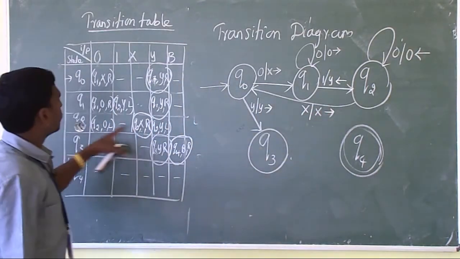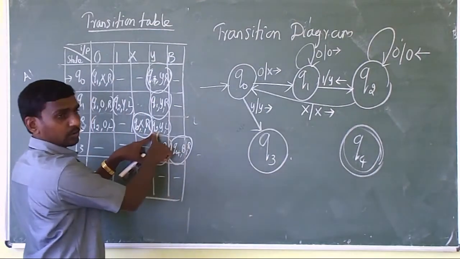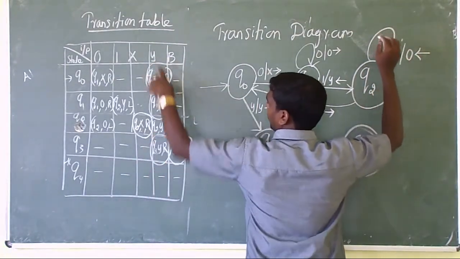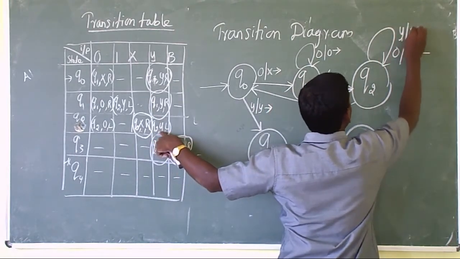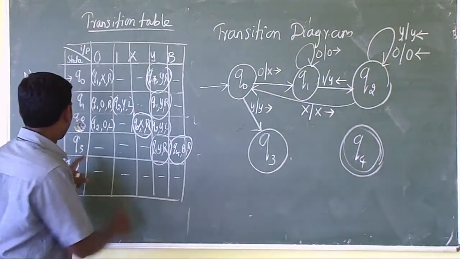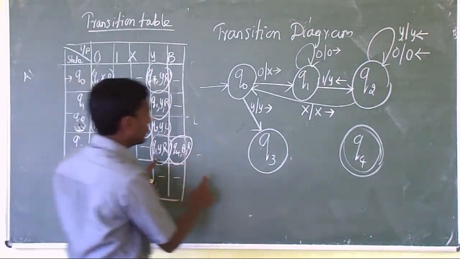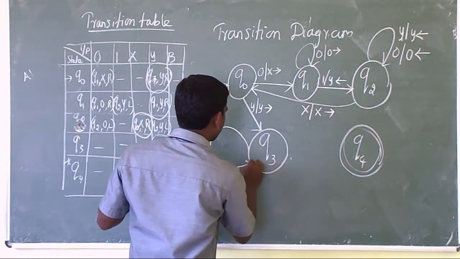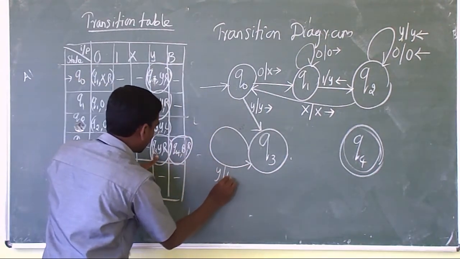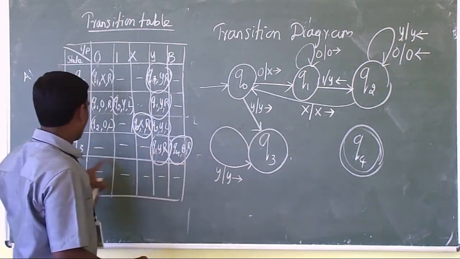Clear? Q2 y, it goes to Q2, so y is replaced by y, and direction is left side. Clear? Now Q3 y, it goes to Q3. Okay, y is replaced by y, and right side.